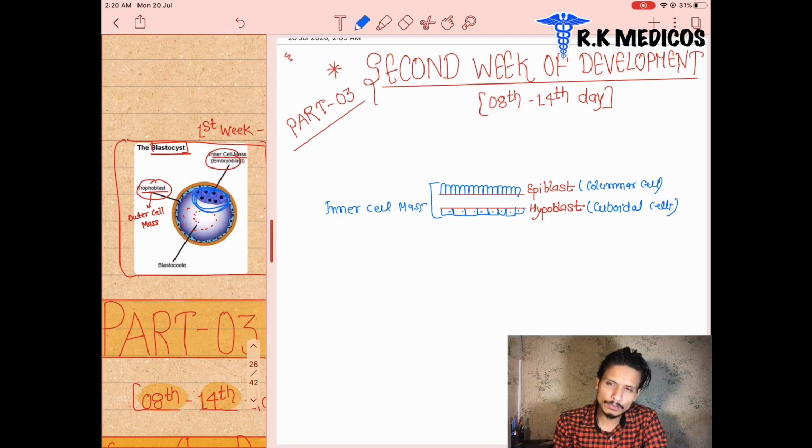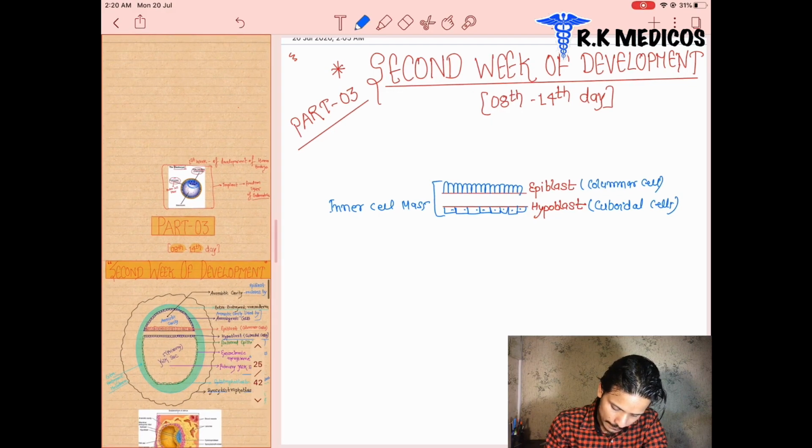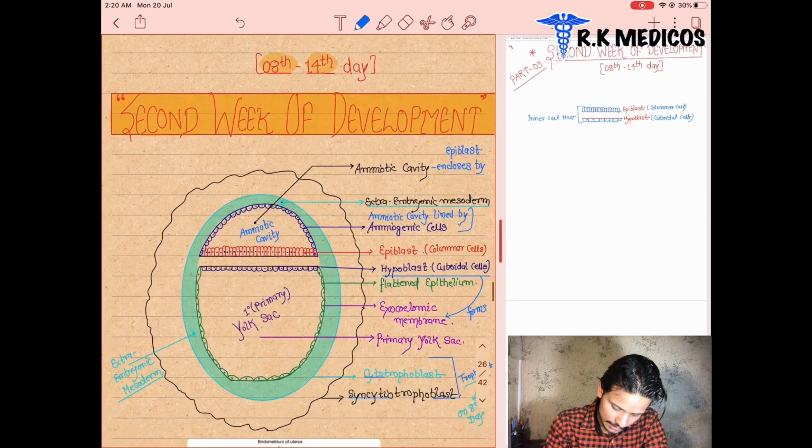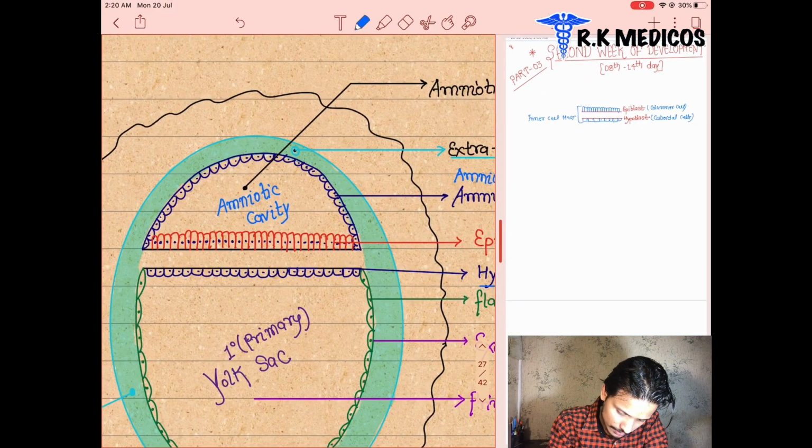After that we see how they differentiate into two layers, the epiblast and the hypoblast. You can see in this picture these columnar cells, which I am painting yellow, are formed by the epiblast layer.